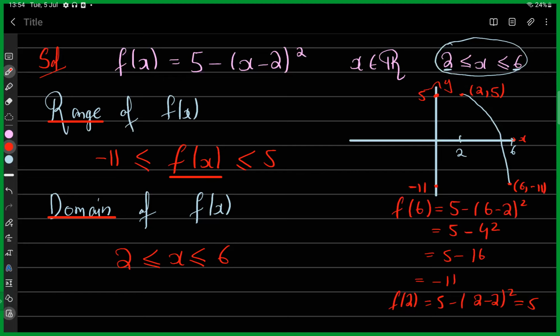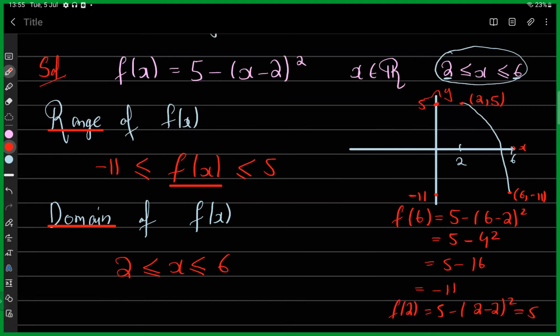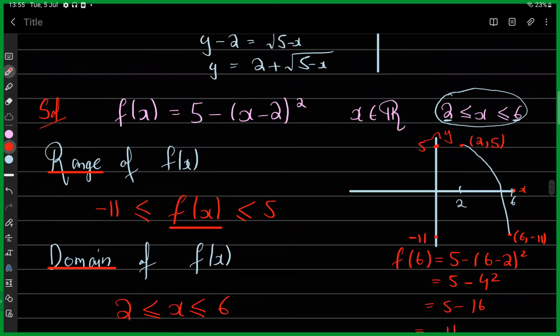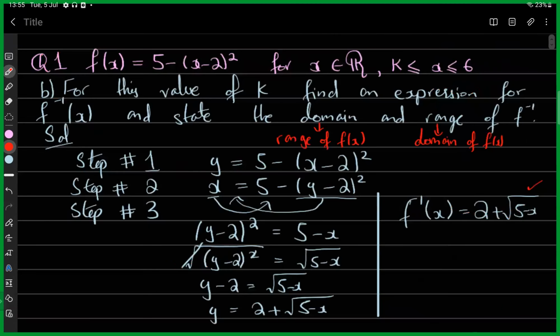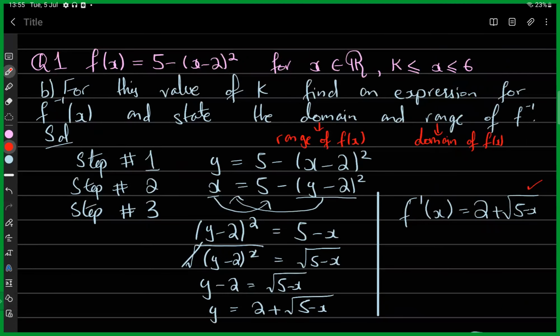Now, the question was not about finding the domain and range of the actual function. The question was about finding the domain and range of the inverse function. For this value of k, find an expression for f inverse of x.